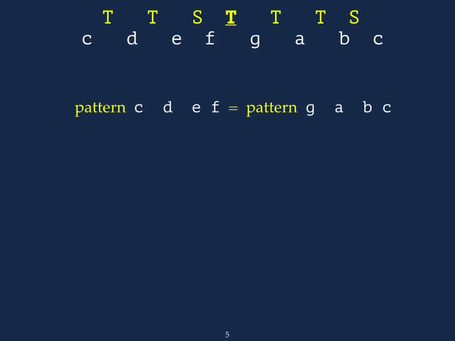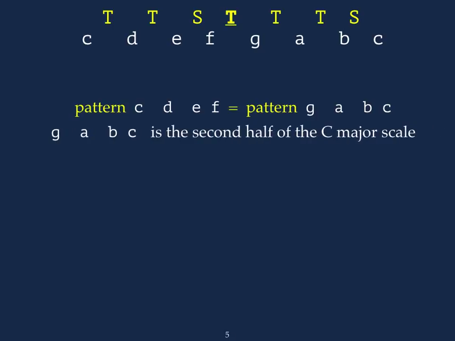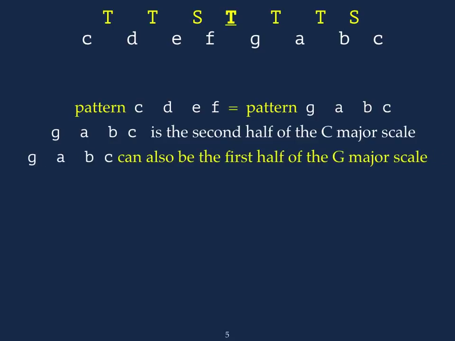So notice that pattern C, D, E, F equals pattern G, A, B, C. G, A, B, C is the second half of the C major scale. But G, A, B, C can also be the first half of the G major scale. Take a look at the top.